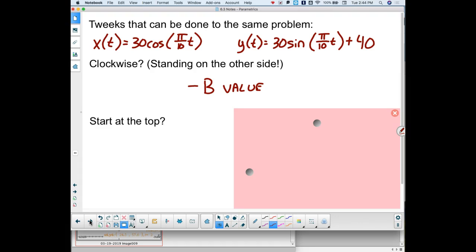Exactly. Or, let's say, what if we wanted to start at the bottom? Normally you start at somewhere close to the bottom. What tweak needs to be made?